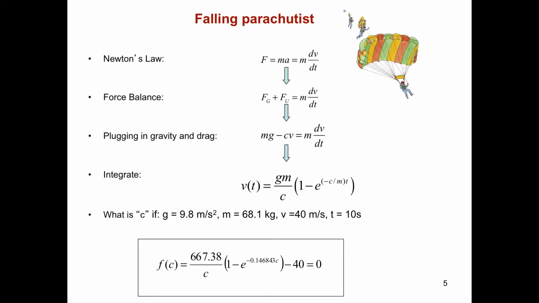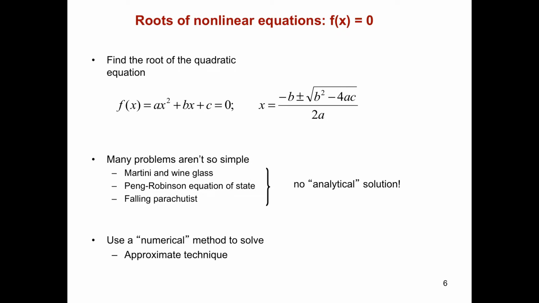All right, so these are our motivation problems. Now, just as a recap, I have a lot of problems that come down to a quadratic equation or something that I have a formula for. Those are great, but that's not what we're studying here. We're looking at the problems that are not so simple. I gave three problems where there's no easy analytical solution, so we need to use a numerical method to solve.